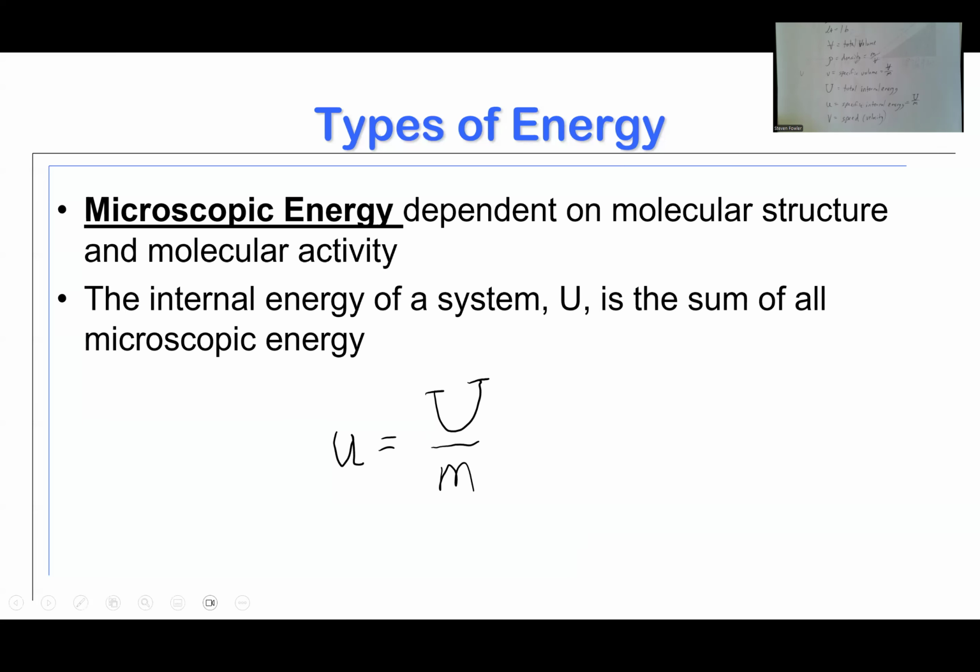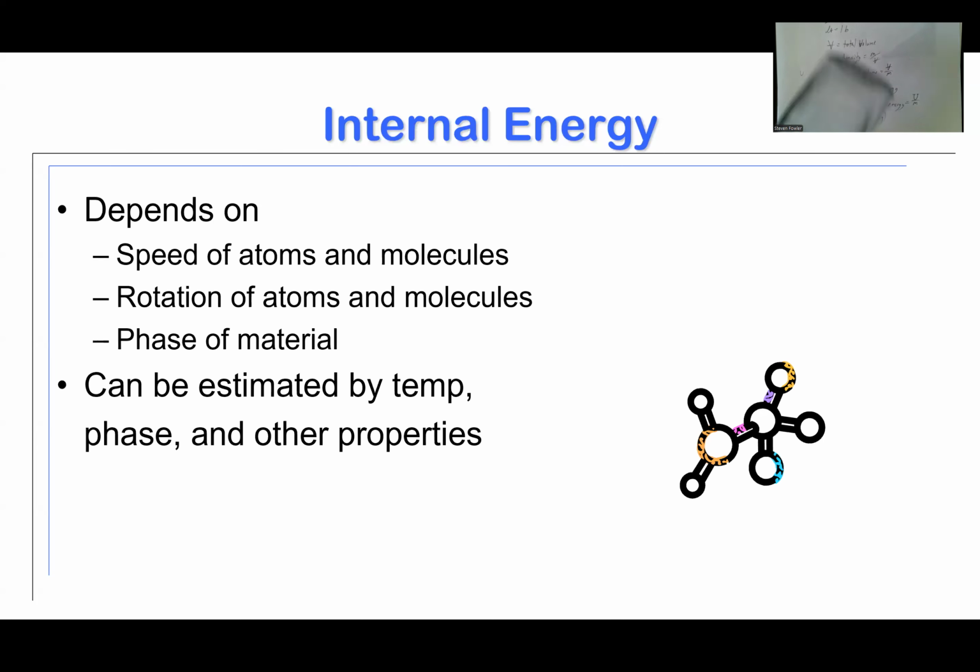Okay. So we are talking about microscopic energy, specifically the internal energy. The internal energy is all of the microscopic energy within a system. So again, I've got my bottle of water here, and those molecules are in there. They're rotating and spinning and vibrating. They're doing things. And they have a particular phase, right?